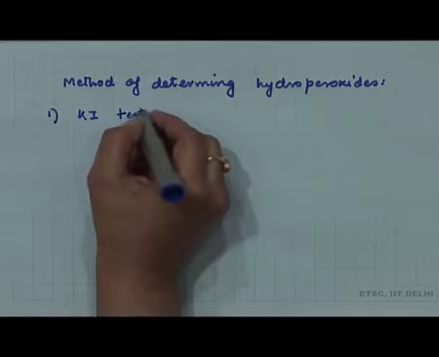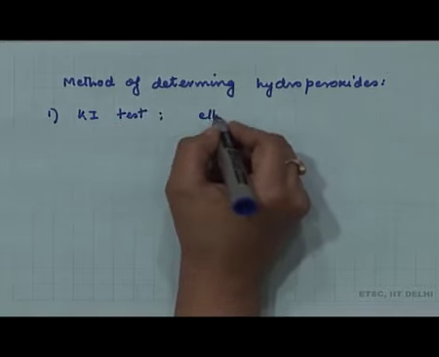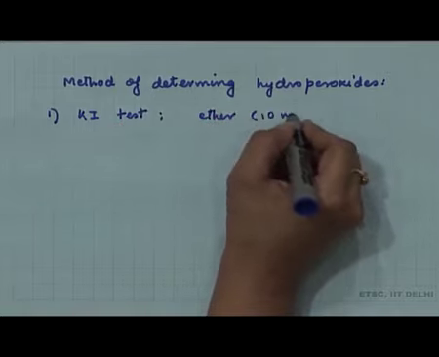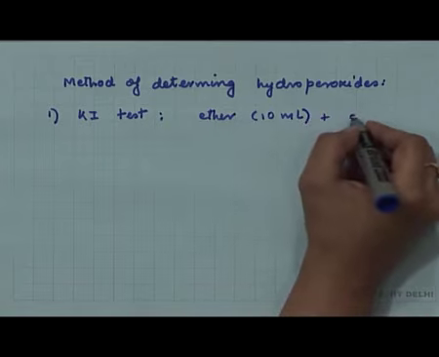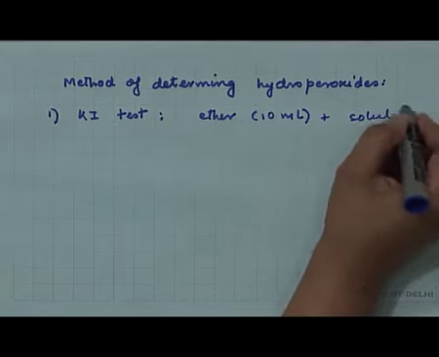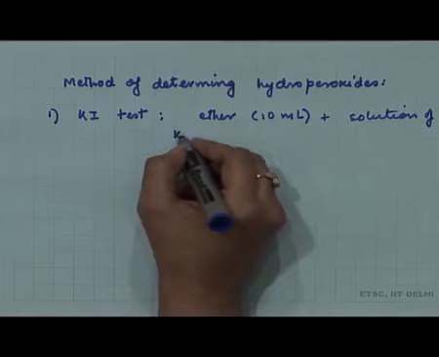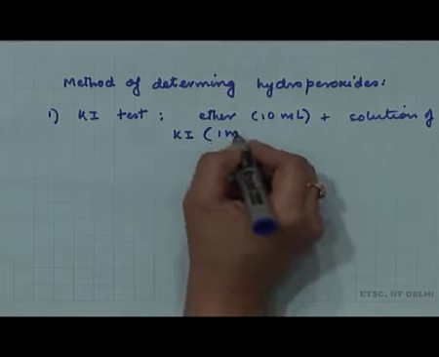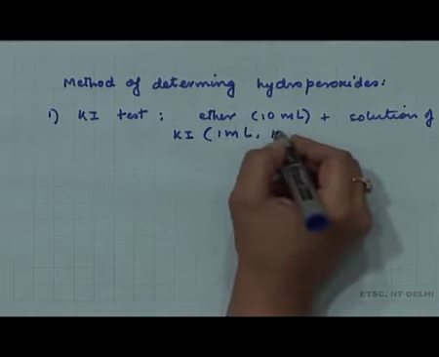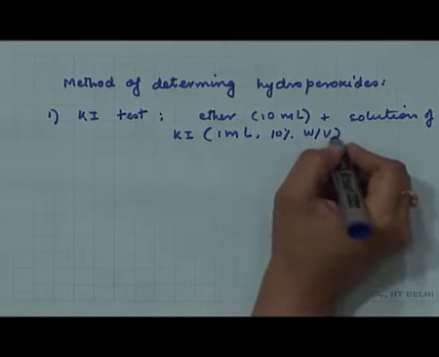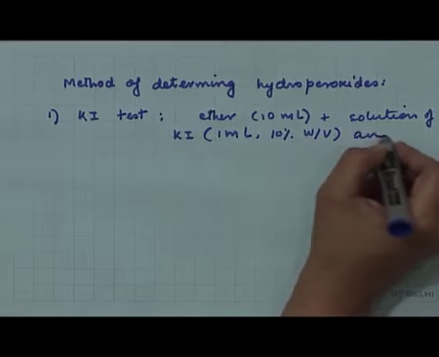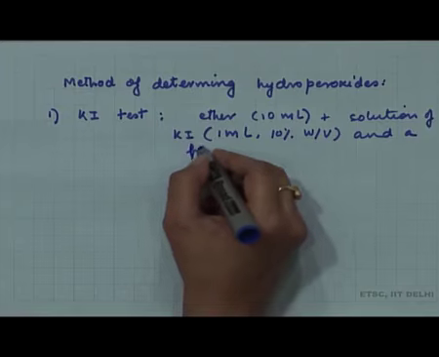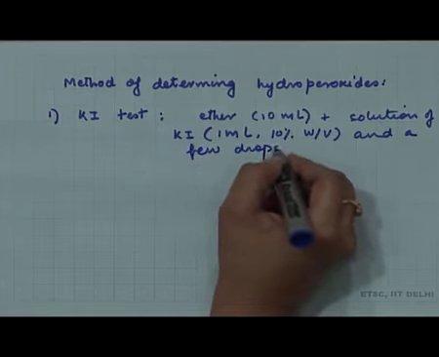What is done is that you take some amount of ether, let us say 10 ml, and you shake it with a solution of potassium iodide, let us say 1 ml of 10% weight by volume potassium iodide, and a few drops of HCl mixed with it.